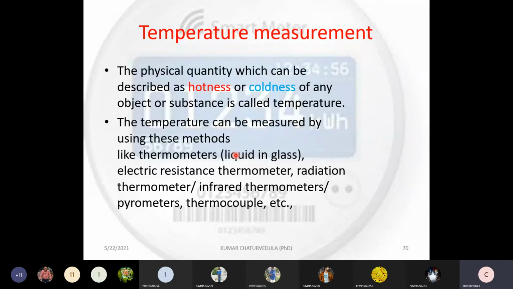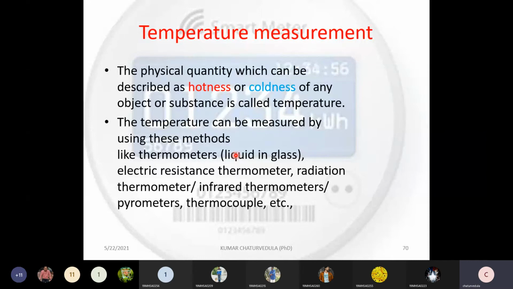Mercury liquid will be there in a glass. Then radiation thermometer, electrical resistance thermometer, infrared thermometers, pyrometer, thermocouple, etc. These are all the different instruments with which we can measure temperature.